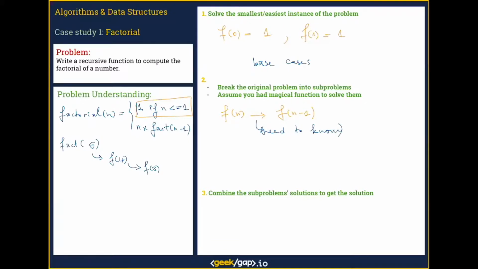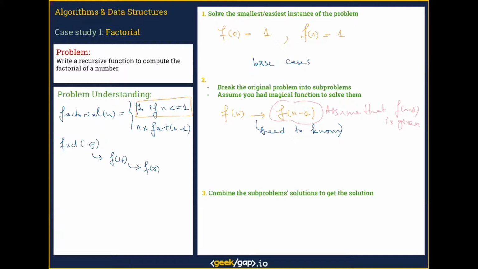And let's assume that magically, somehow, we have this solved for us. Let's assume that f of n minus 1 is given, because assuming that allows us to move on to the next step, which is actually computing f of n.